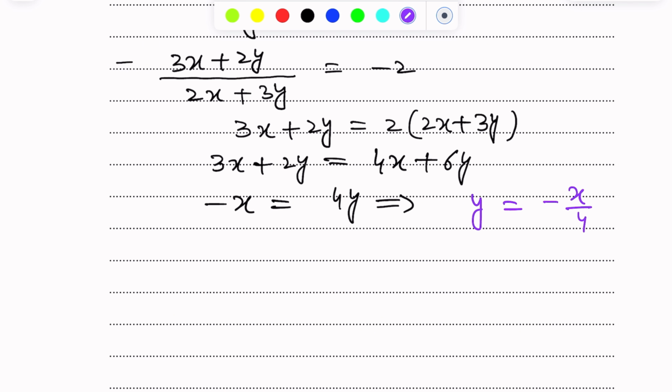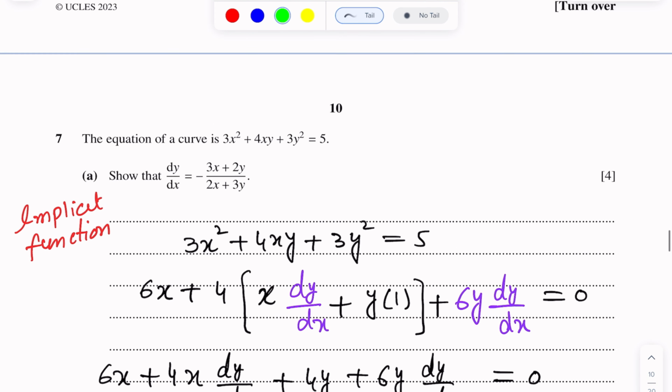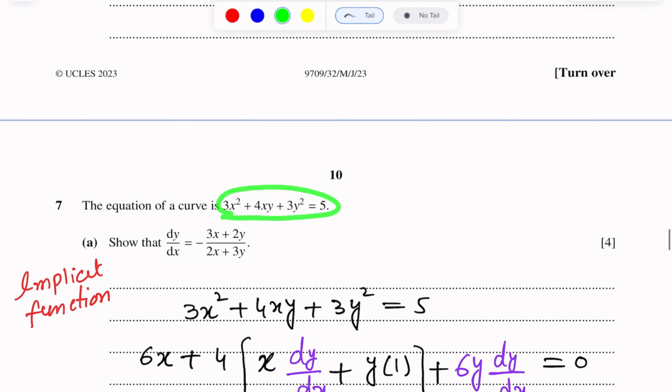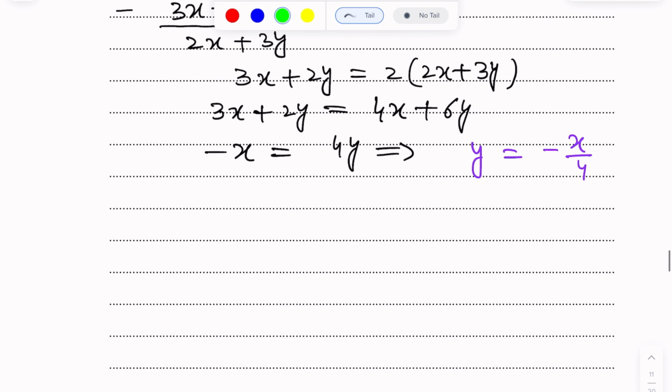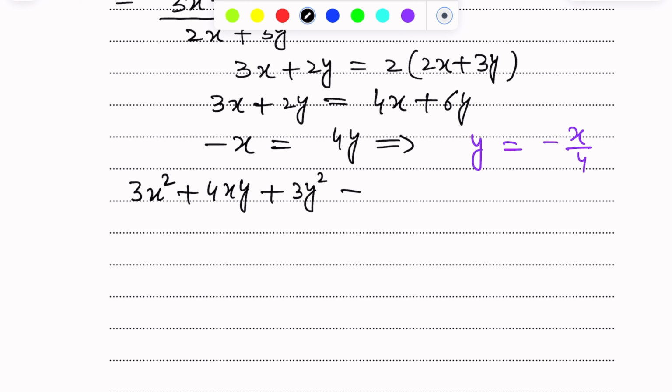Now we put this value of y in the equation of the curve, so we can find the coordinates of the points by simultaneously solving y is equal to minus x over 4 and the equation of the curve, 3x square plus 4xy plus 3y square is equal to 5.